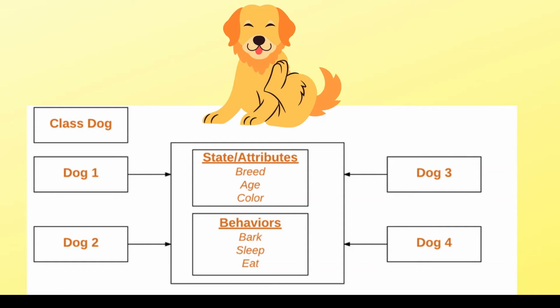These objects will point to that class dog, and they will inherit that state or attributes, like there is a breed, age, color, and dog has its behaviors like bark, sleep and eat. So dog 1, dog 2, dog 3, dog 4, they all will inherit, and they will point to that class dog, that is a template.